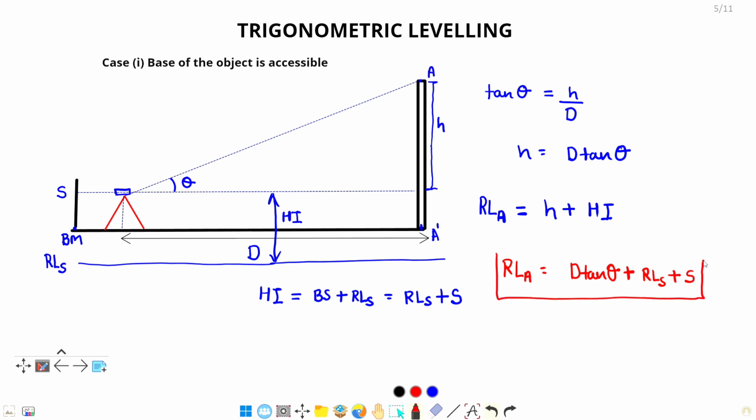So in this way we can calculate RL of any point at some height by using trigonometrical leveling.